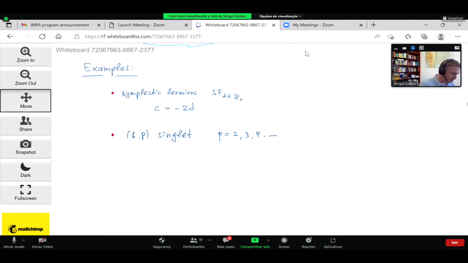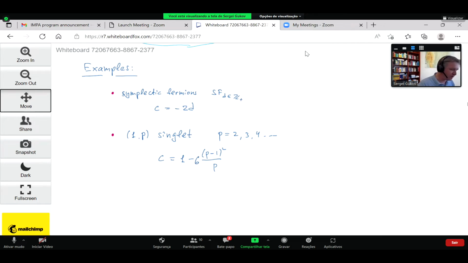And this one contains Virasoro with central charge 1 minus 6 (p minus 1) squared over p.